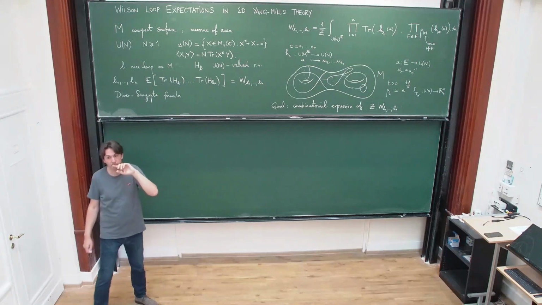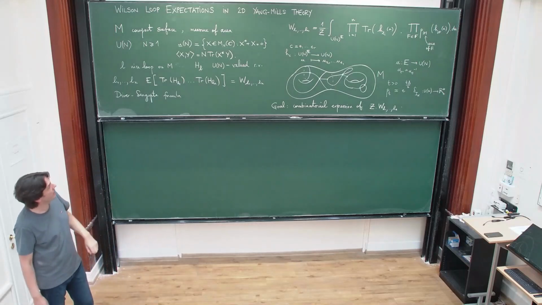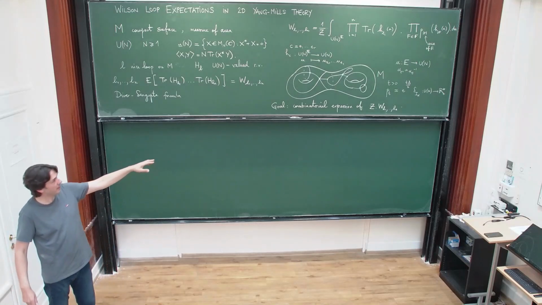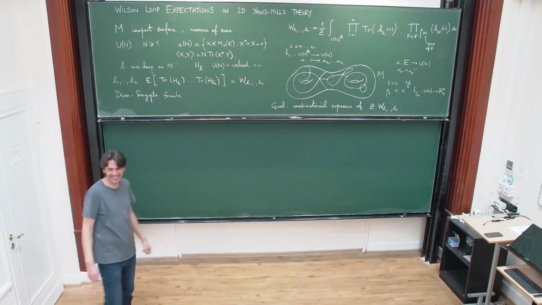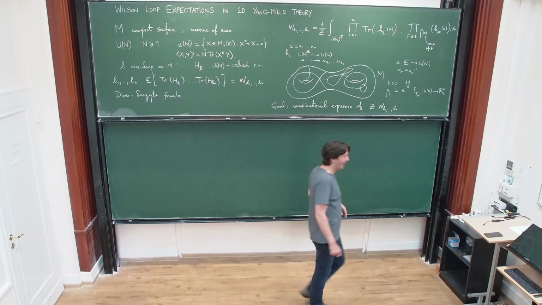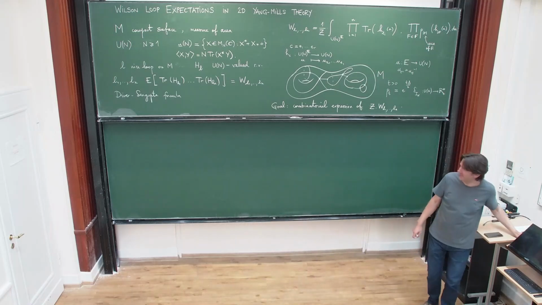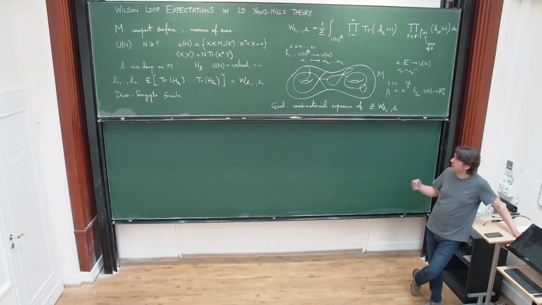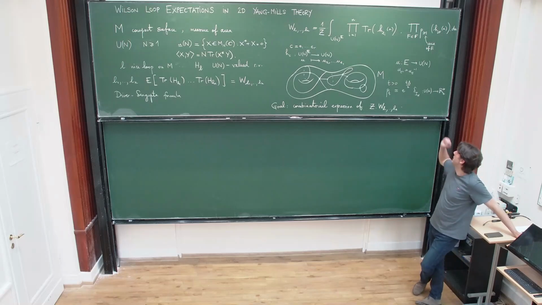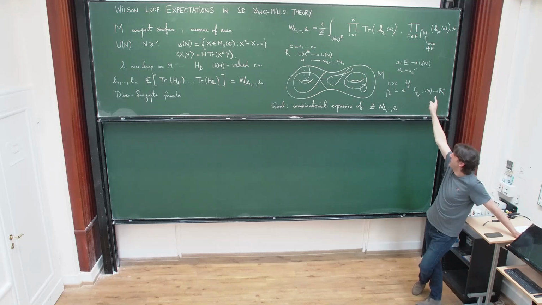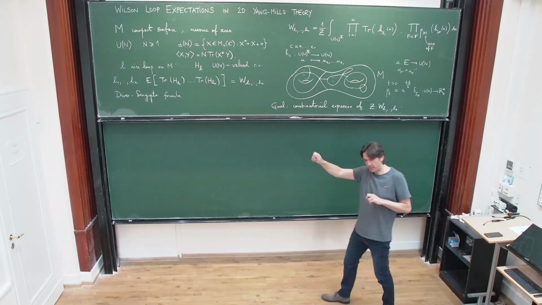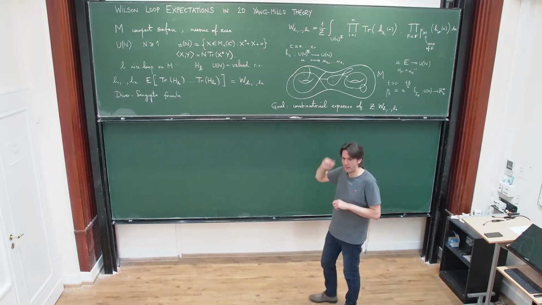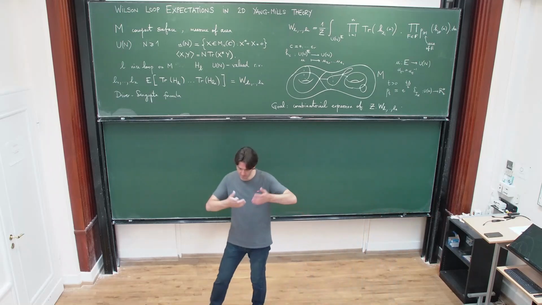But here it did not appear. No, it did not appear, absolutely. It competes with the area because it also scales the speed of the Brownian motion, and so does the area of the surface. So it's a balance between the two.